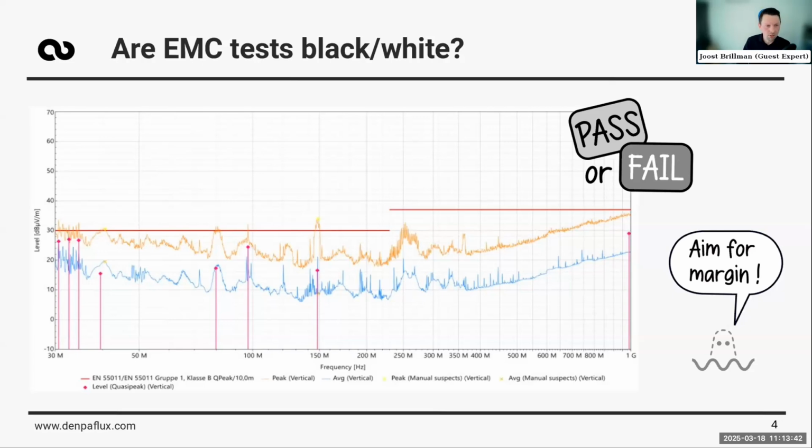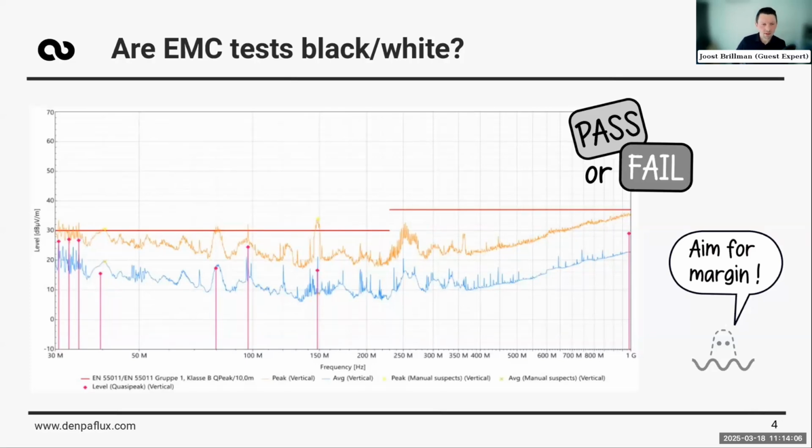Our goal here is to have the quasi-peak measurements, the dots on the vertical pink lines, under the limit lines. And this is really important information because it tells us something about how well our product is performing.